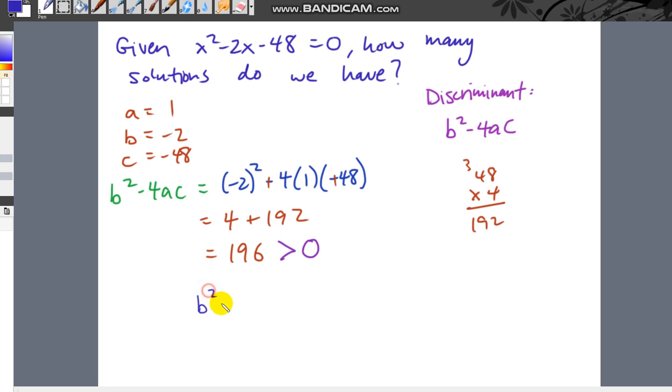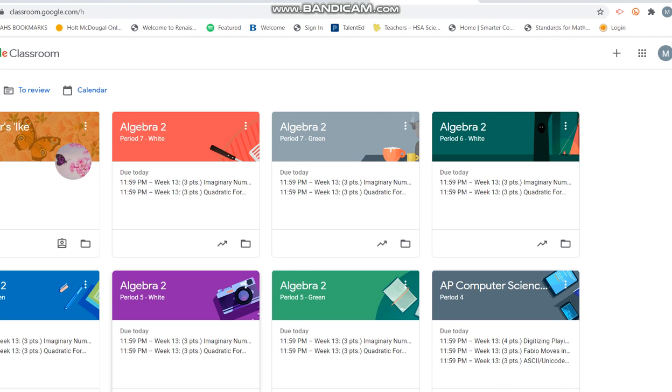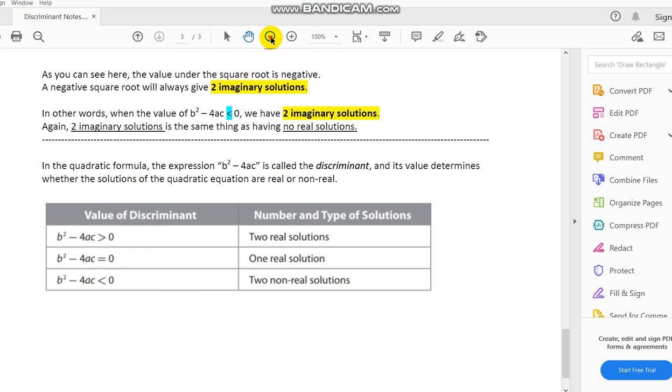If b squared minus 4ac is greater than 0, so in other words, we got 196 is greater than 0, we have 2 real solutions. 2 real solutions. Let's check that. Let's see if that is what we got earlier.